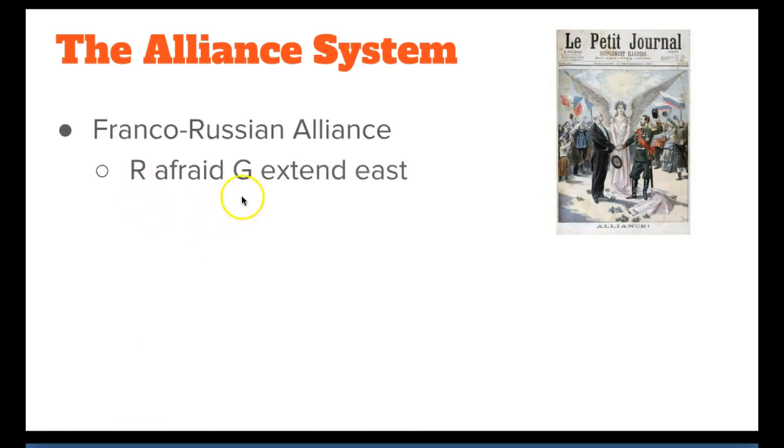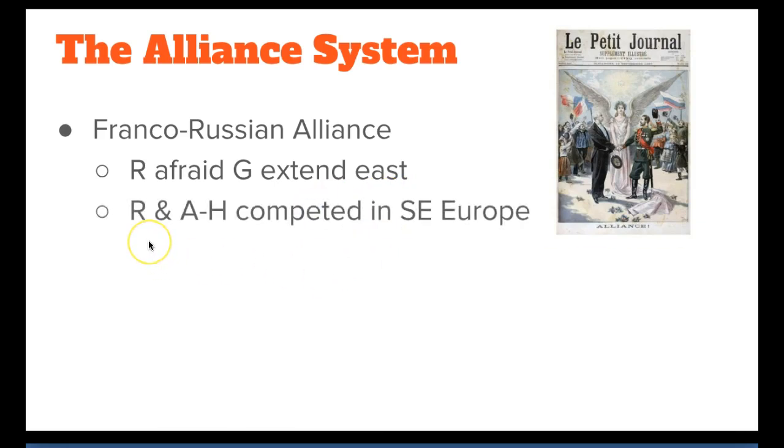Russia was afraid that Germany would extend east. And the reason why they're afraid they are going to do that is because of the bordering states that they had already gobbled up previous to this period. And more background information: Russia and Austria-Hungary competed in Southeast Europe.